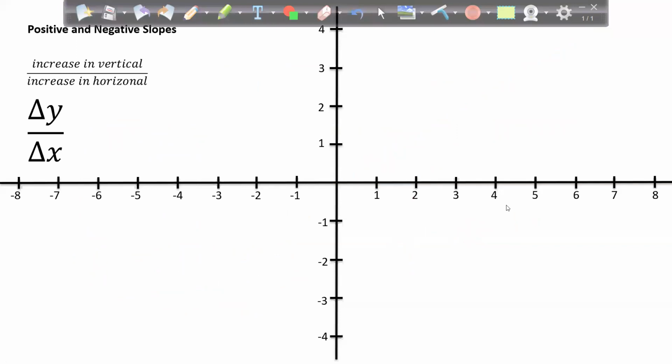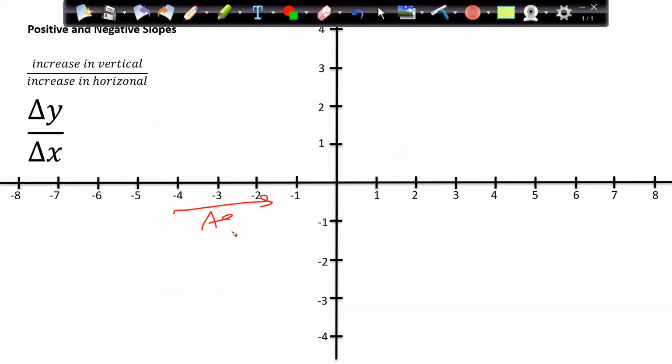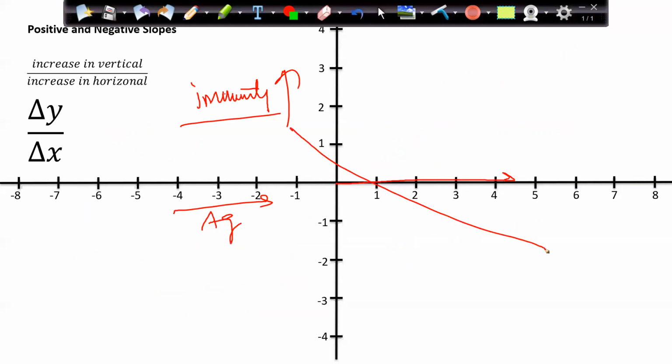And when the line is going downwards, when one thing is increasing and the other thing is decreasing, then the slope will be negative. For example, this is, let's say, age, and this is, let's say, immunity. When my age is increasing, my immunity is decreasing.